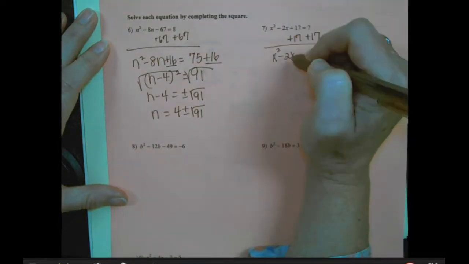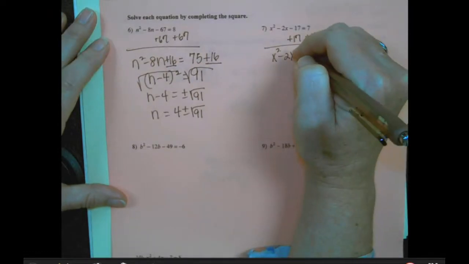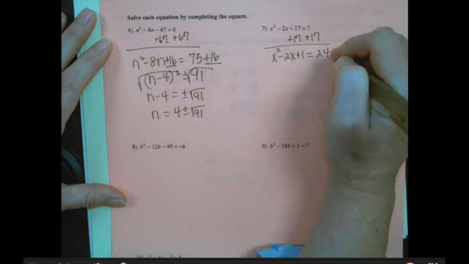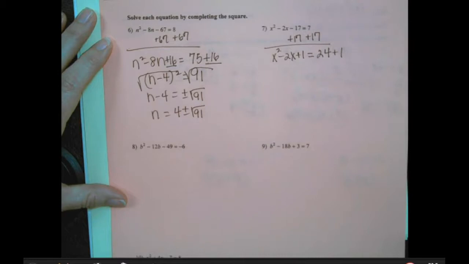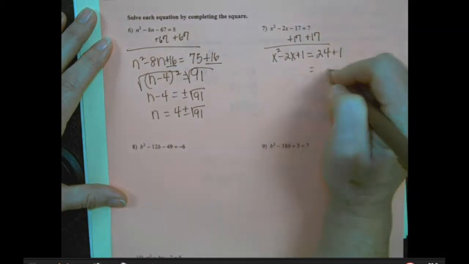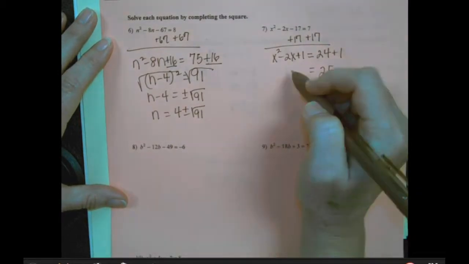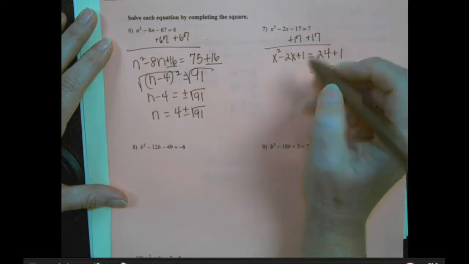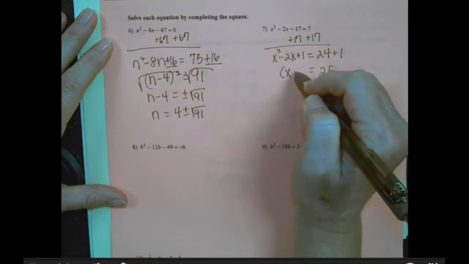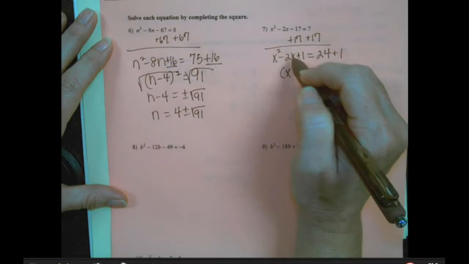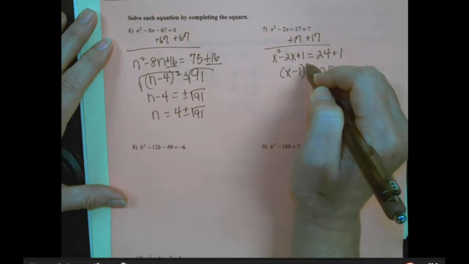So b divided by 2 is 1. Squared is 1, so I'm going to add 1 to both sides. So on this side, I have 25. And to write this as a perfect square now, b divided by 2 is minus 1.